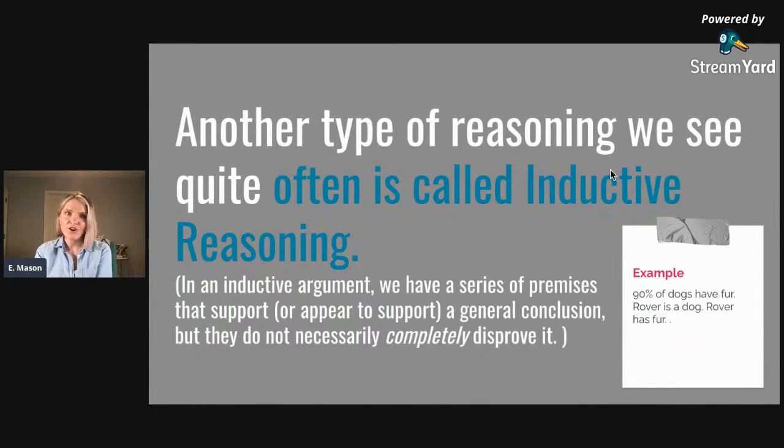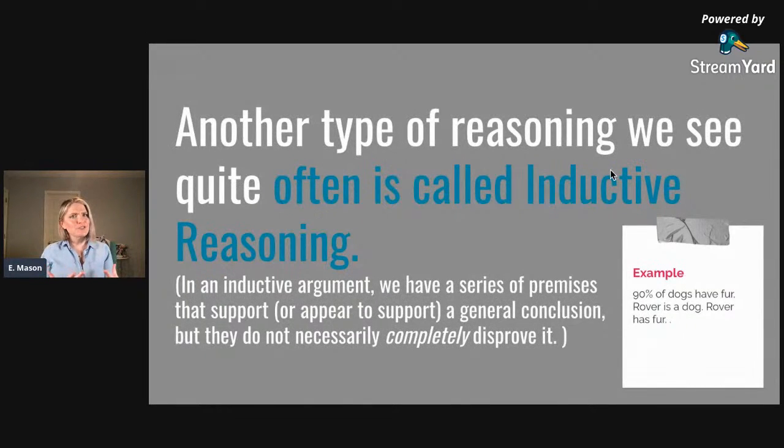In an inductive argument, you have a series of premises that support, or appear to support, a general conclusion, but they don't necessarily completely prove it. The example here says: 90% of dogs have fur. Rover is a dog. Rover has fur.